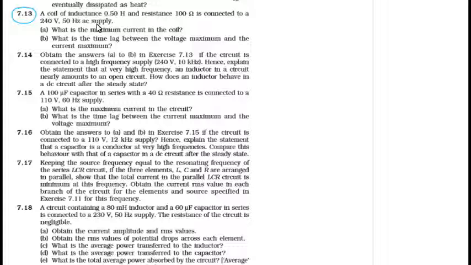A. What is the maximum current in the coil? B. What is the time lag between the voltage maximum and the current maximum? Okay, let us see the solution.